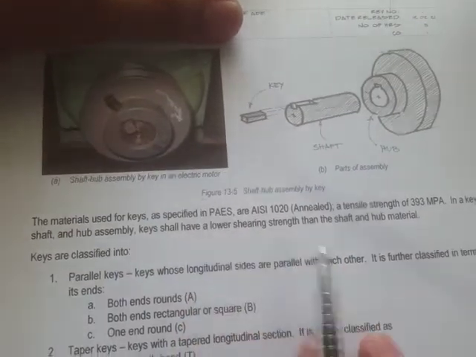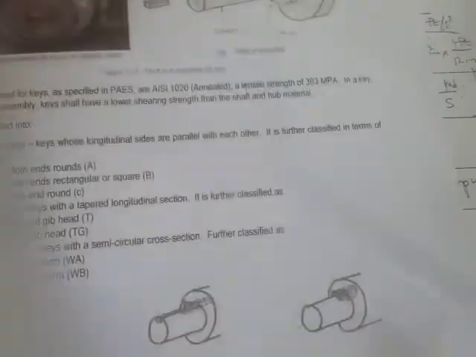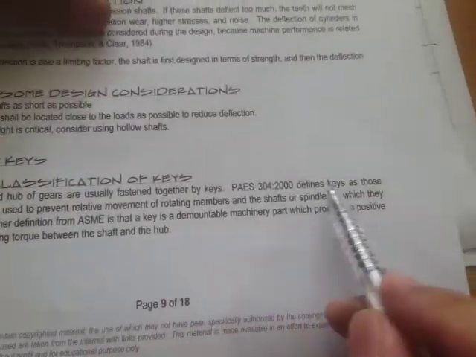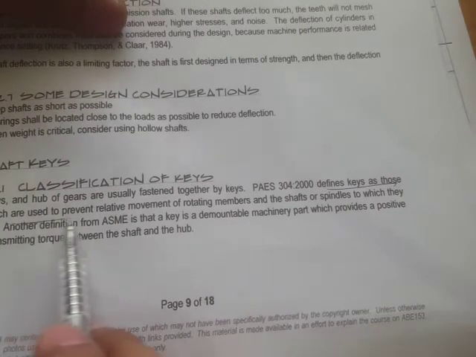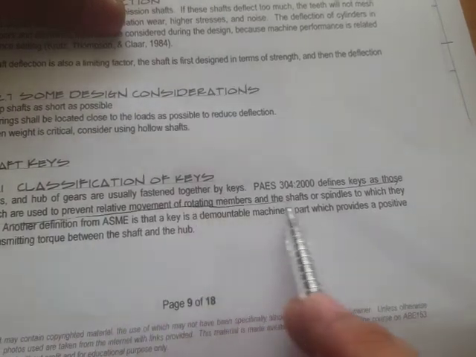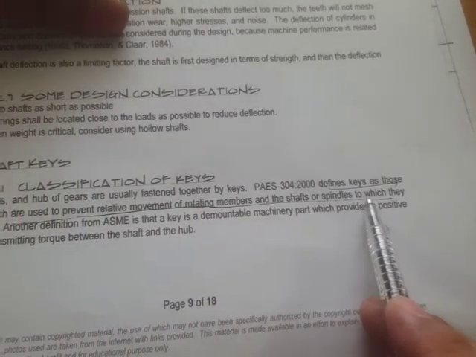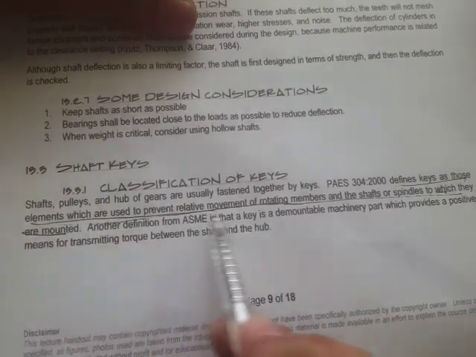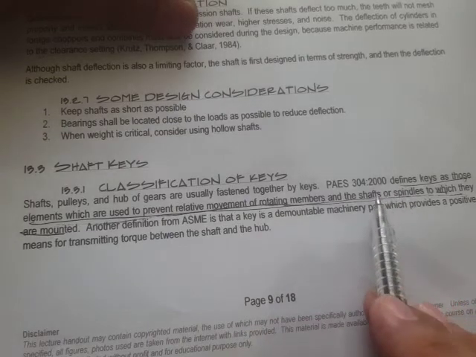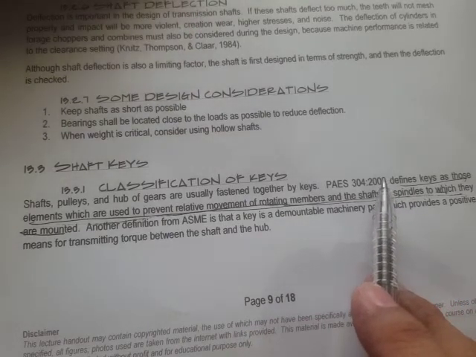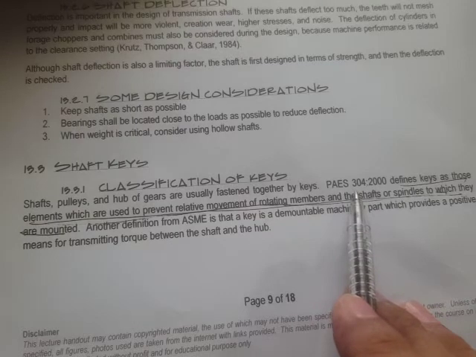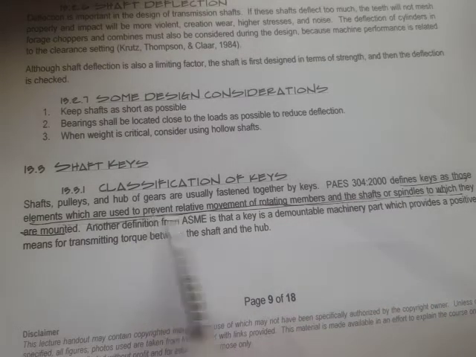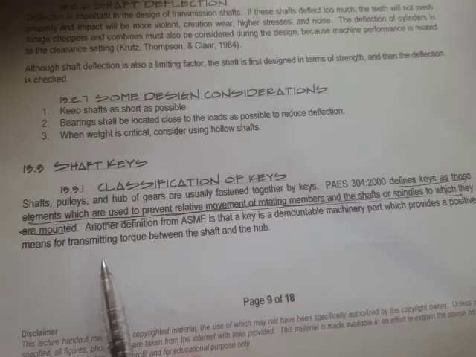Based on our PAS 304, the key is defined as those elements which are used to prevent relative movement of rotating members in the shafts or spindles to which they are mounted. So it is used to prevent relative movement of rotating shafts and of course provides power transmission.